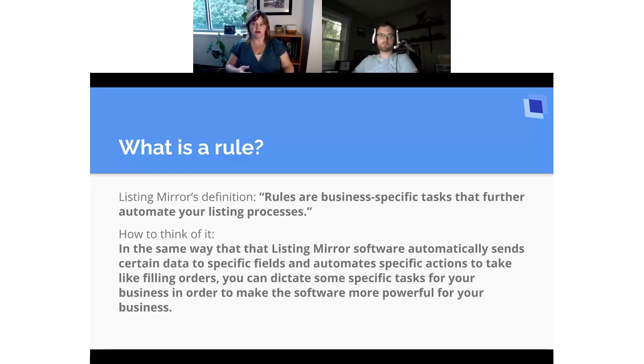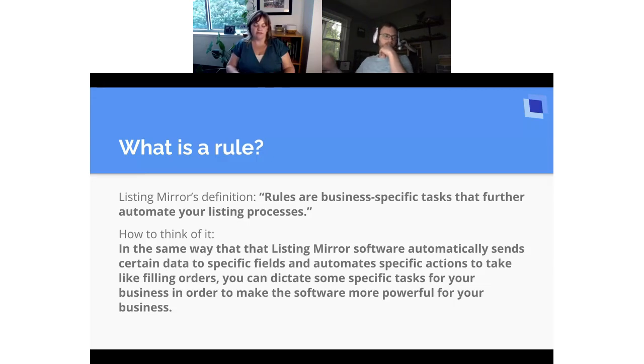You have recognized that there are certain tasks that don't need to be done by a human because it's literally mapping a field to another field or increasing the price by a certain percentage or dollar value, things like that that are the same regardless. There's no judgment there, right? It's just a process that needs to happen.